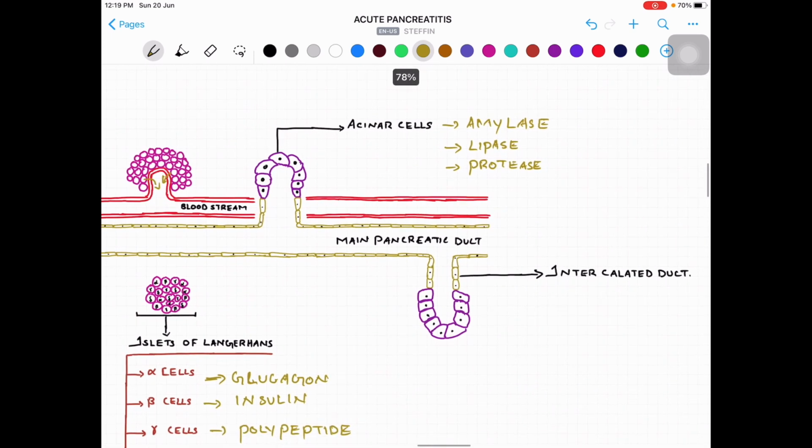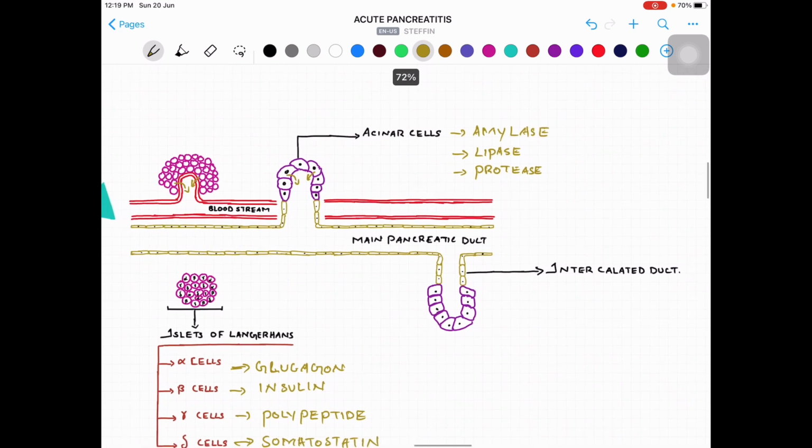These acinar cell secretions go directly into the pancreatic duct. And these digestive enzymes help in digestion, and these exocrine enzymes break down macromolecules like carbohydrates, lipids, proteins.